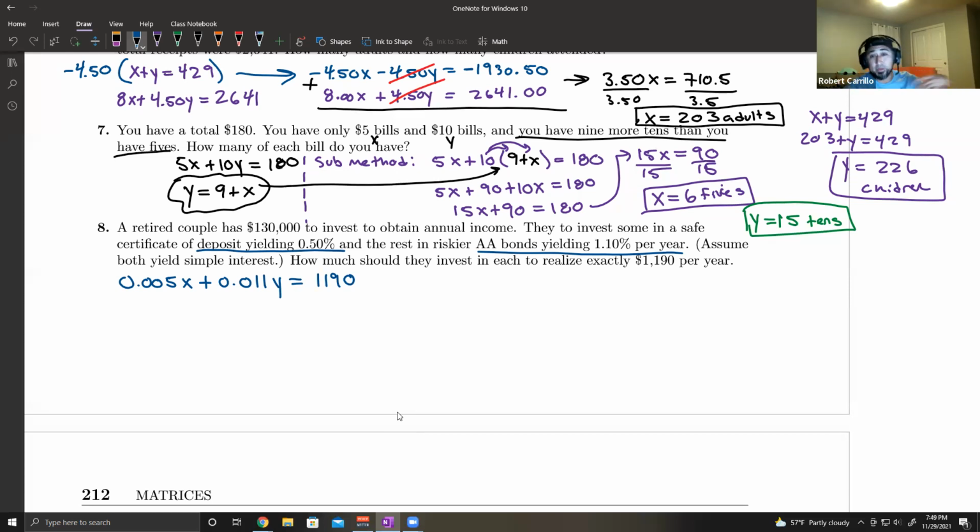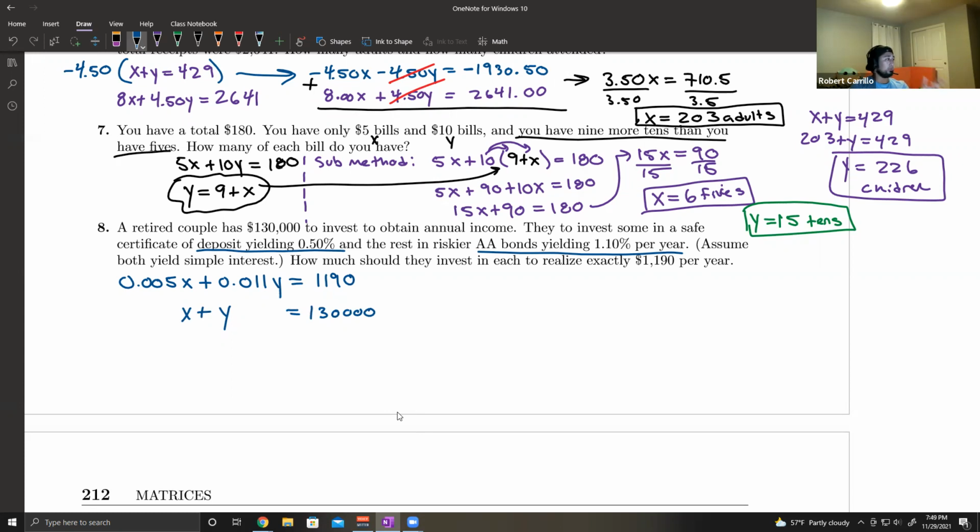But we don't know how much money they have put into investment 1 and investment 2. We know how much money they have. So our next equation is just x plus y equal to 130,000. Okay. Now let's solve for x and y. And this one, we can do the elimination method.